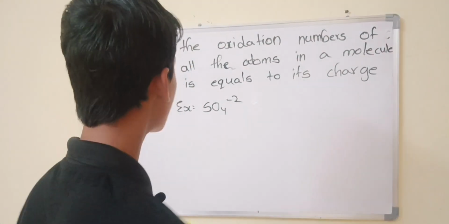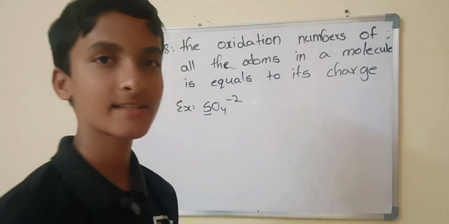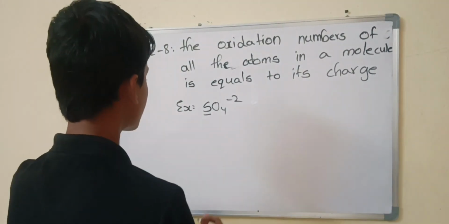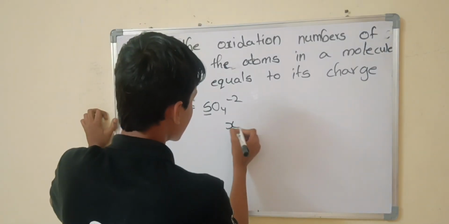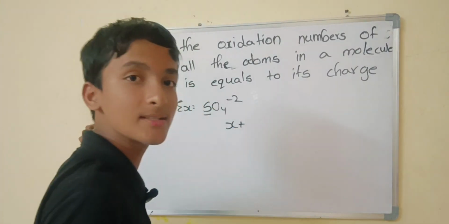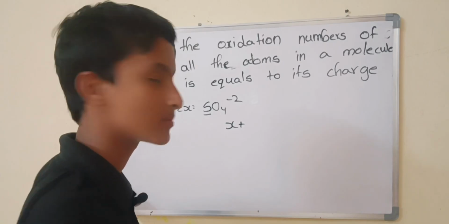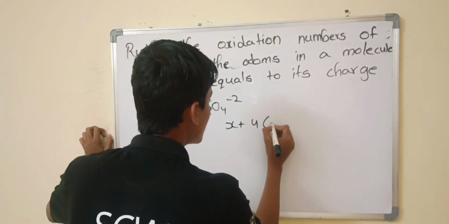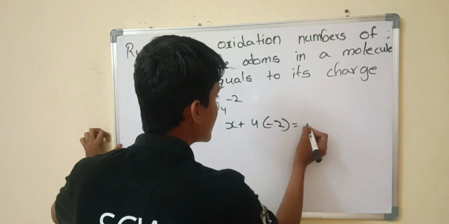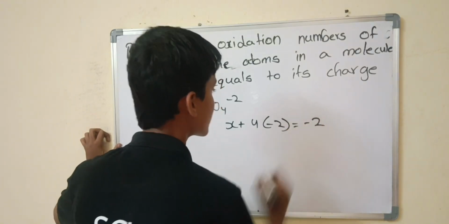Imagine I am finding the sulfur oxidation number. Listen. X plus, what is the oxidation number of oxygen? Oxygen oxidation number is minus 2. 4 into minus 2 is equal to minus 2.